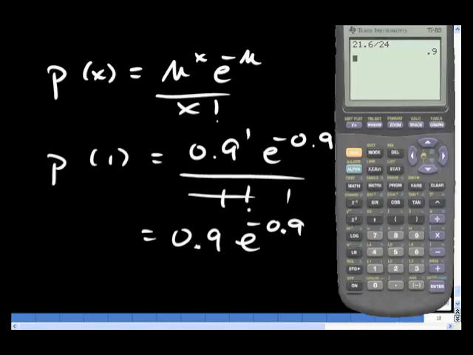Let's see what we get. Your exponential number to the negative 0.9 power. Now, the 9 is in the 10,000ths position. The digit to the right is a 1. That means we do not change our 9. And the answer is 0.3659.